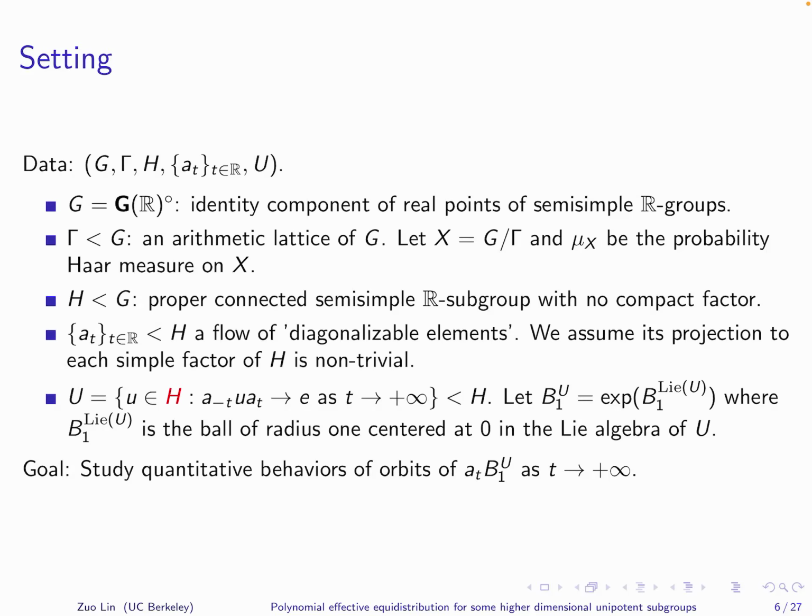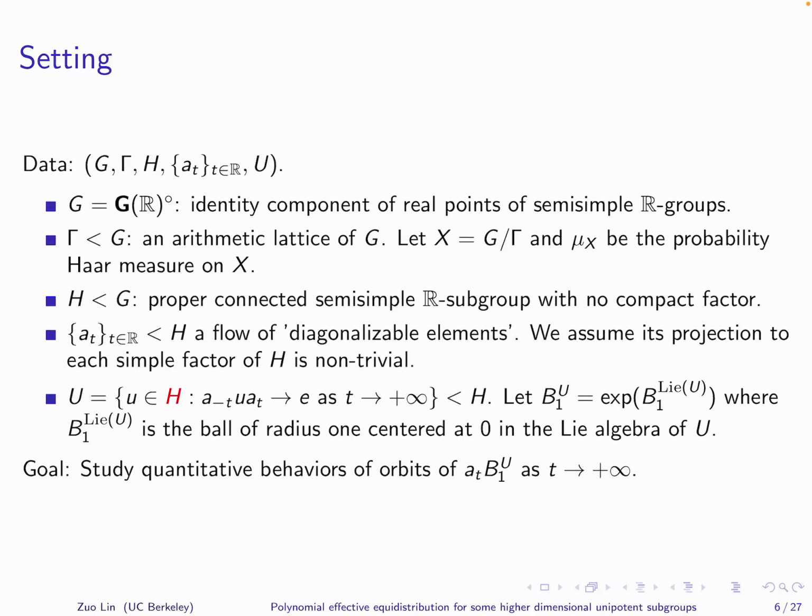And okay, the goal for today's talk will be studying the quantitative behaviors of the orbits of A_t B_1^U. So I've picked a size 1 unipotent ball and I push it by this A_t, and it will get expanded exponentially when t goes to infinity.